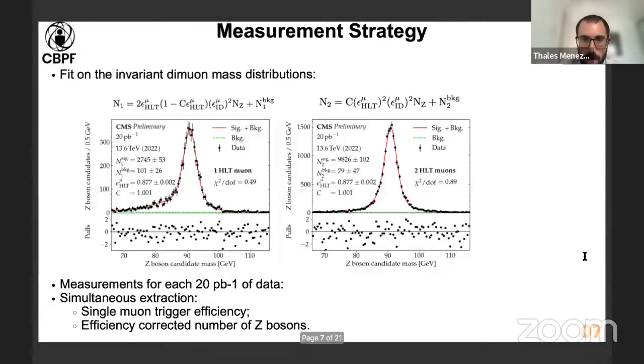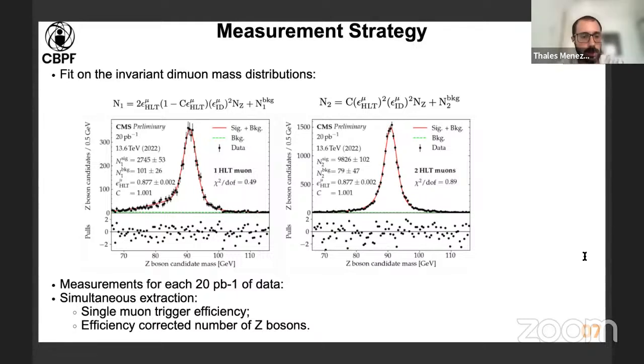So how can we apply the method? We perform a fit on the invariant mass distributions of the pair of muons in two different scenarios. The first is the scenario where just one of the muons fires the HLT trigger, and the second is when both muons fire the trigger. We can perform this set of fits for each 20 inverse picobarns of data.